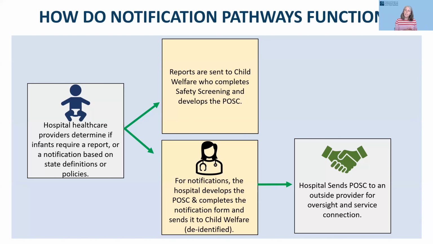But if they're not seeing that risk, then they essentially bypass child welfare and they send the referral to a community provider. So again, this is one of those pieces that looks different from community to community, but that healthcare provider is then directly connected to the community provider. And in many states, the healthcare provider will develop an initial plan of safe care and then send it to the community provider that will help the family engage in those services to get the supports they need outside of that child welfare system.